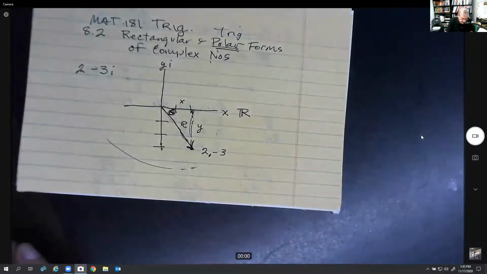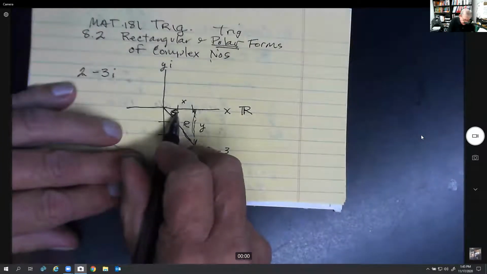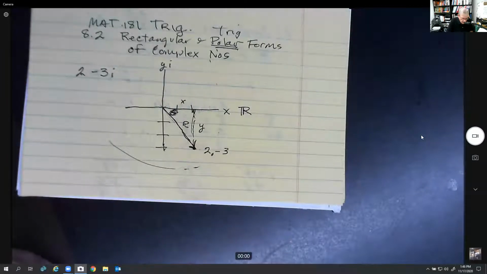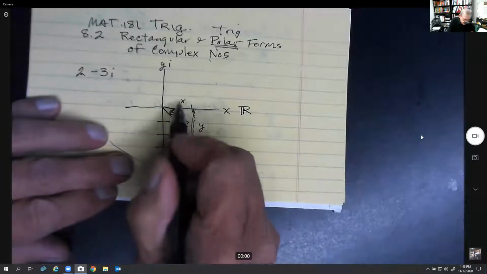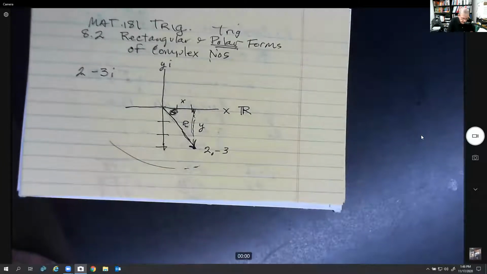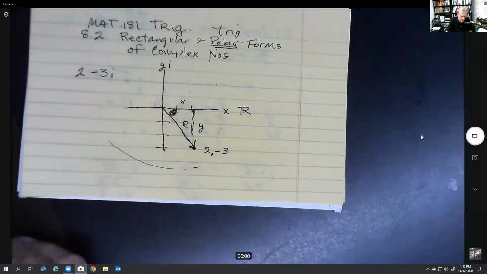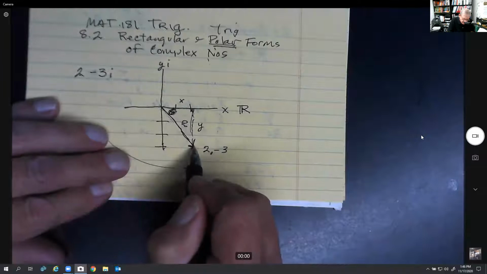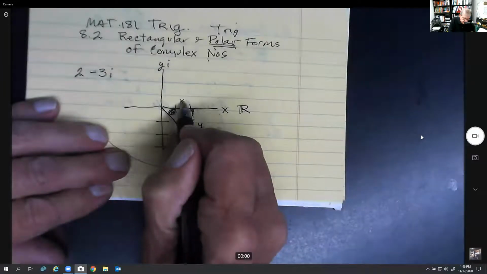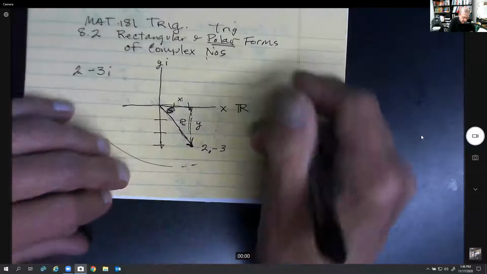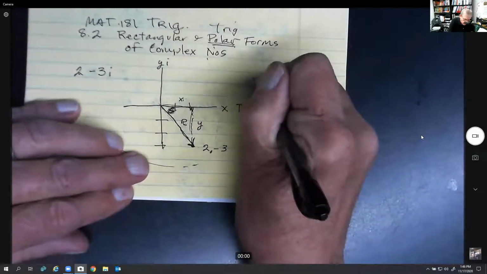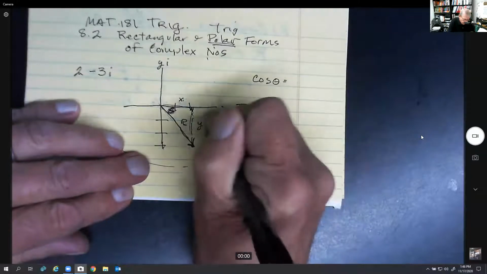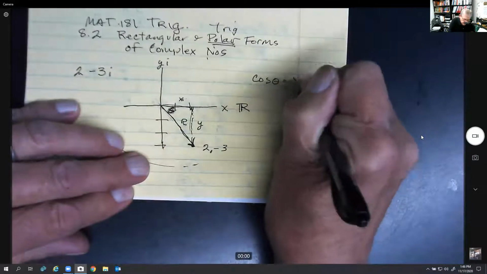So looking at this angle right here, if we wanted to use x and r as a reference, what relationship would that be? Well, if r was our hypotenuse and x was our adjacent side, that would be cosine. So cosine theta equals x over r.